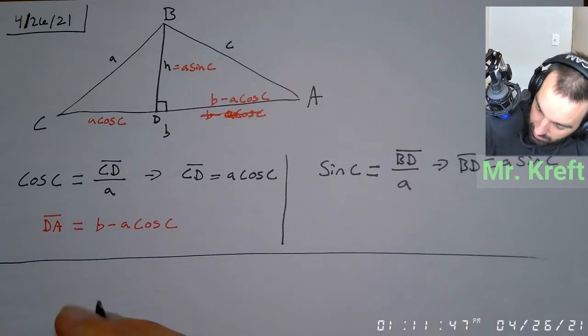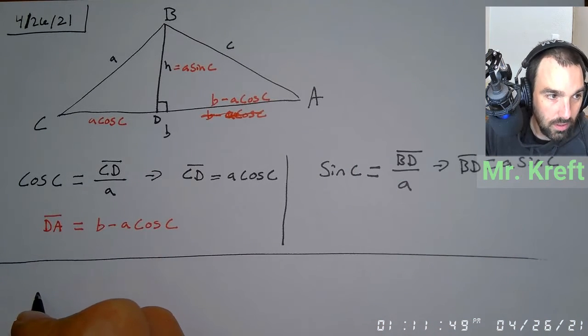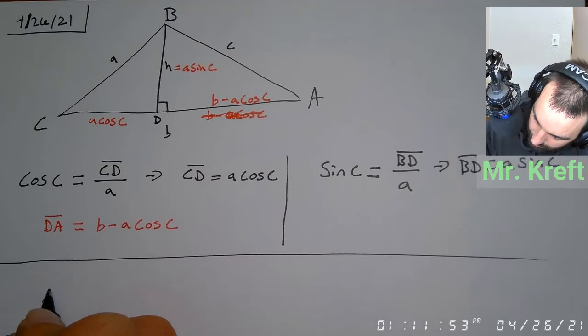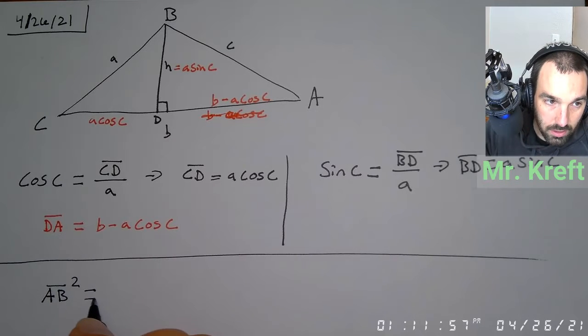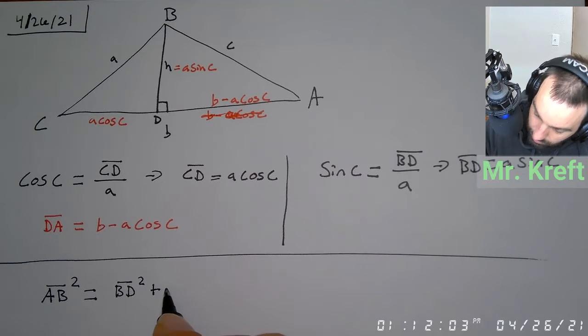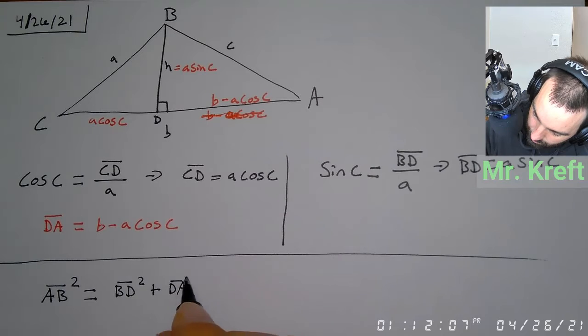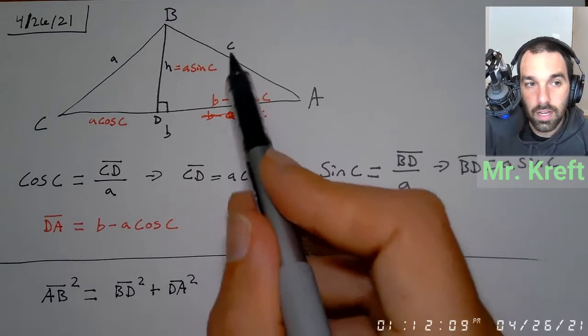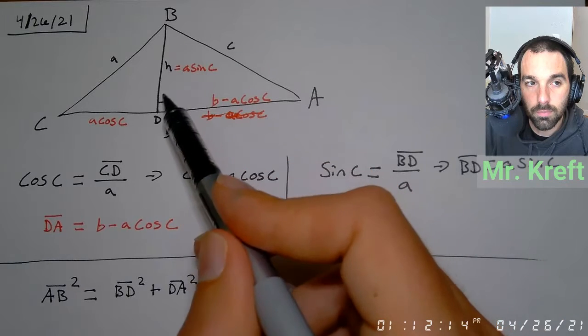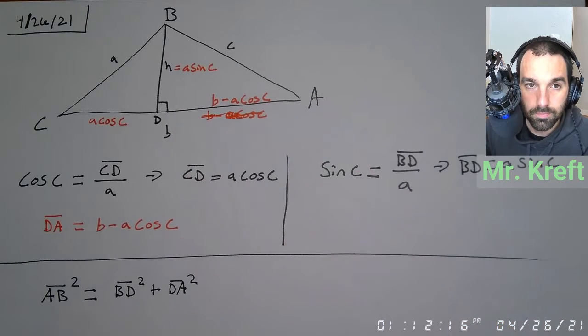If that's the case, then we would know that segment AB squared is going to equal segment BD squared plus segment DA squared. So that is the hypotenuse squared is going to equal the sum of the legs squared.